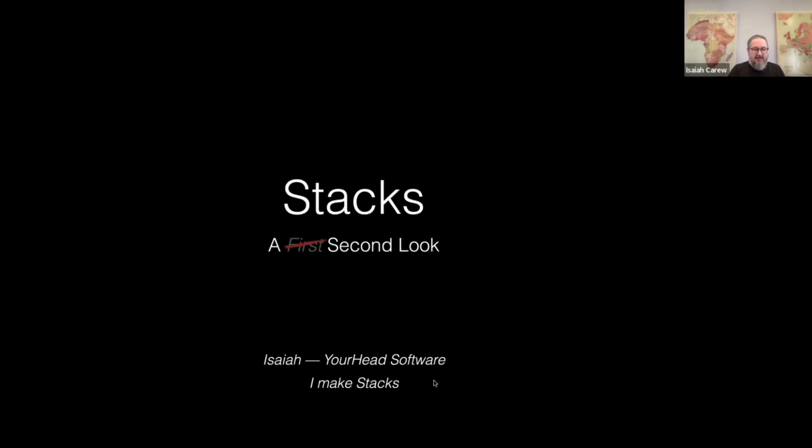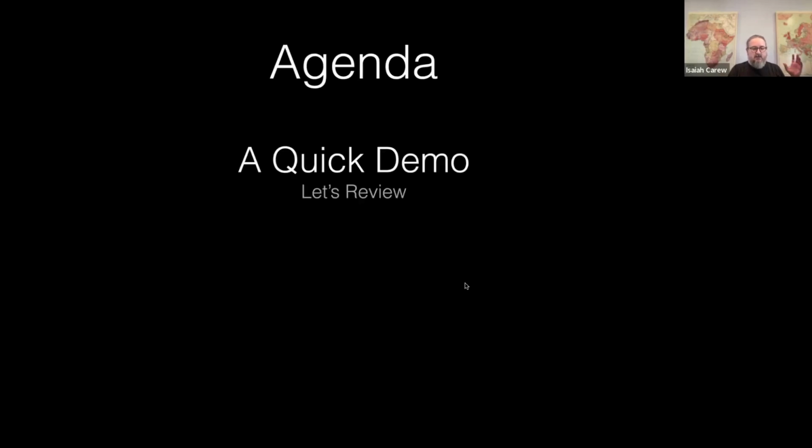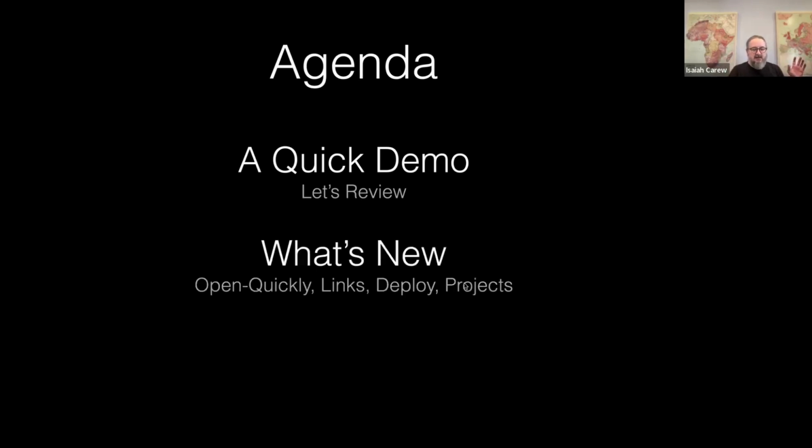So what's today going to be about? We're going to start with a quick demo, and we're going to do this in layers. The demo first, we're just going to compare and contrast this year with last year. And then I'm going to peel back a layer, and we're going to look at a few new pieces of user interface. This is mostly some basic stuff, but it's brand new.